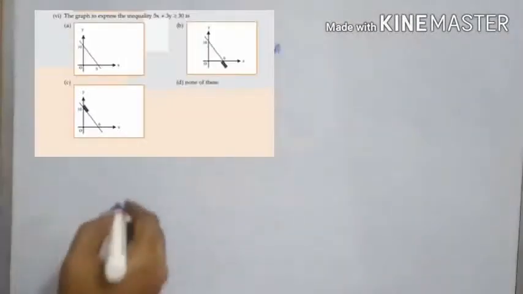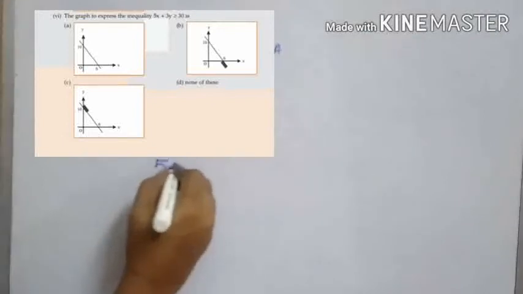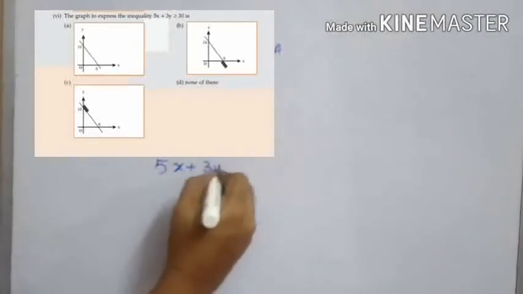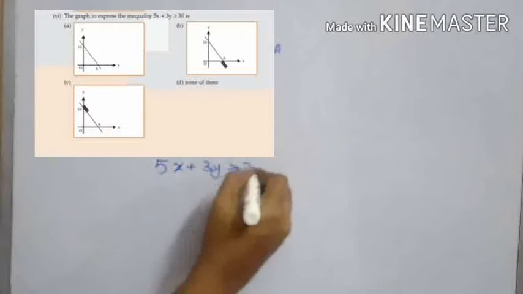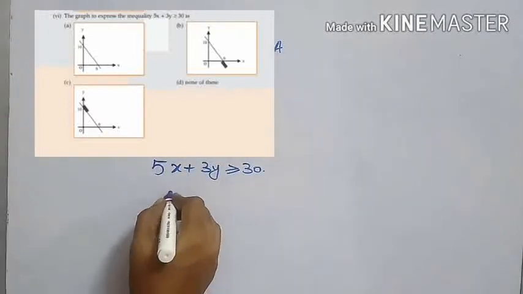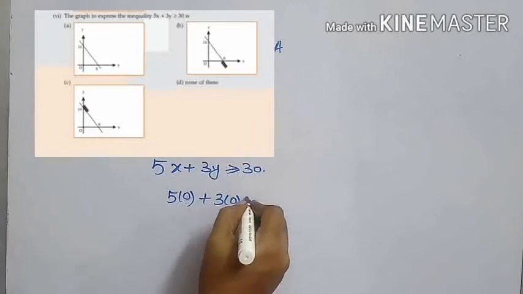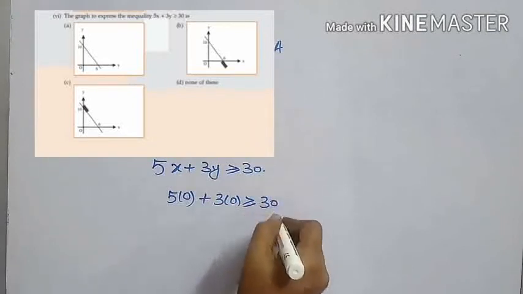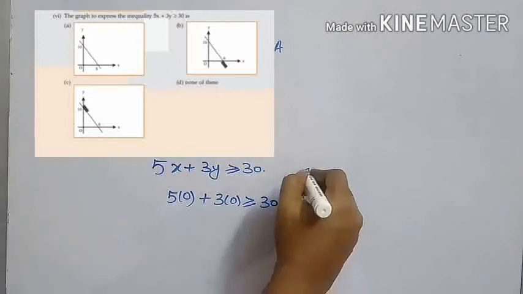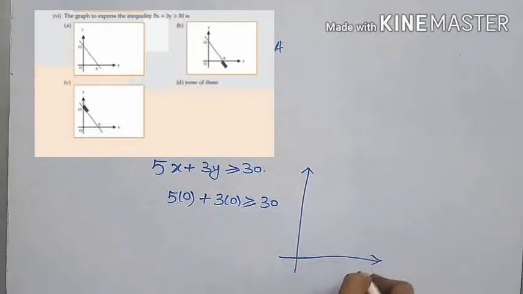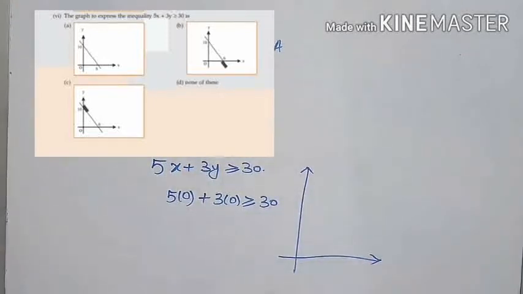The next question we have is the graph to express the inequality 5x plus 3y greater than or equal to 30 is. Let us substitute 0, 0, the origin, in this inequality. We get 0 is greater than or equal to 30.